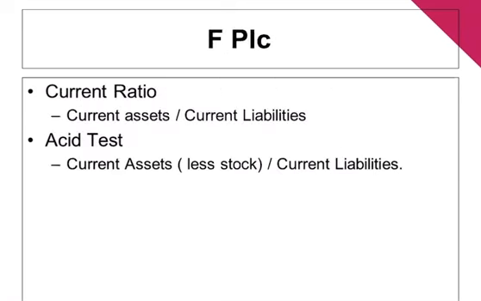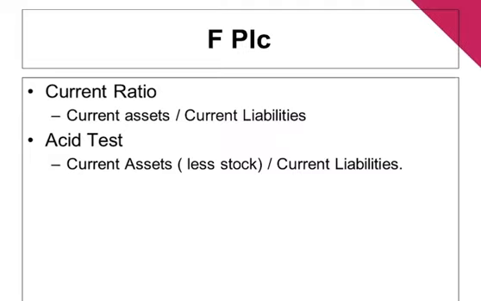You've got a Word document attached with this series, and there are 2 companies that we are going to look at. One's called F PLC and the other is called G PLC.